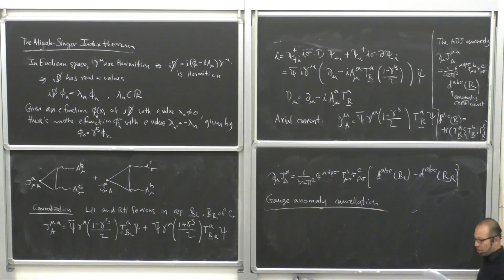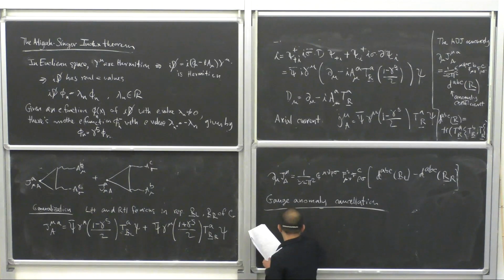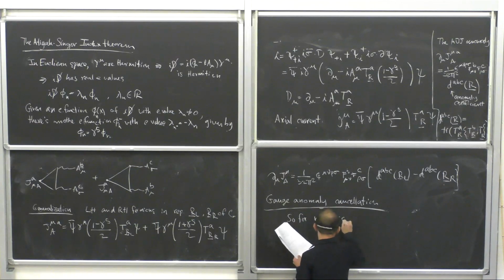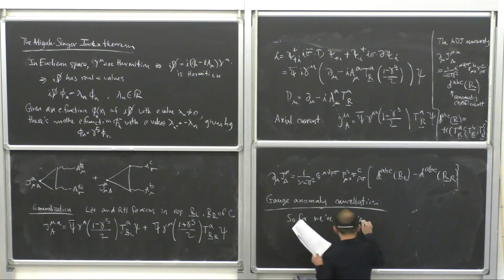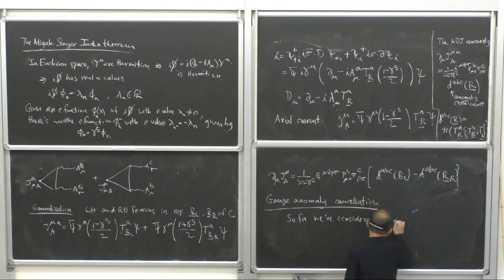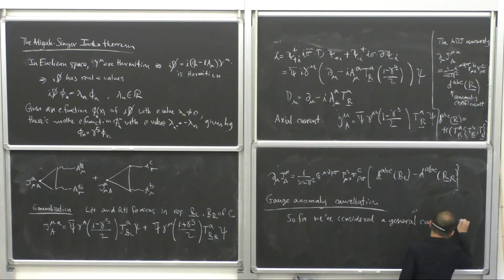So far we have considered a general current, J^μ_A, right? Axial was just one symmetry that you can consider. You can consider other symmetry like vector, you will get zero. But you can put any global symmetry here.